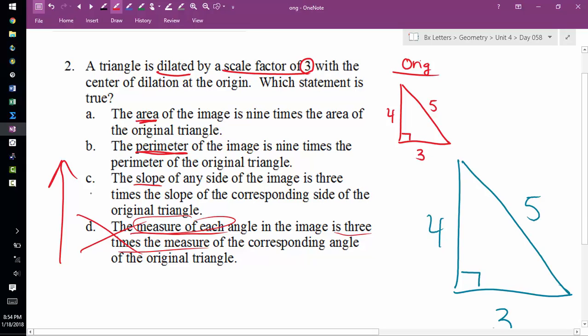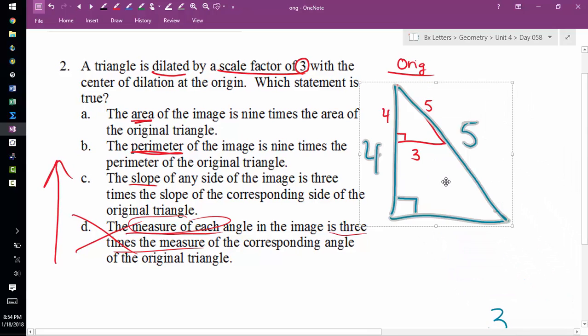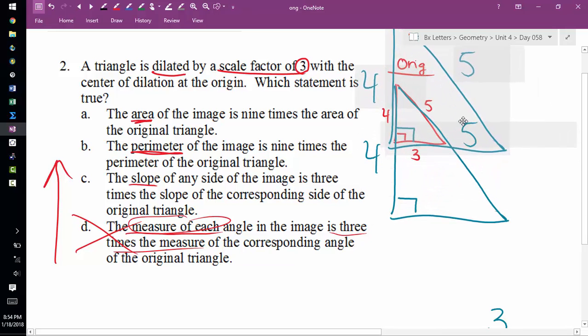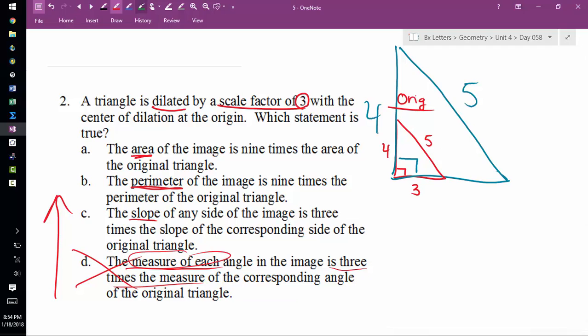And if we keep on going to C, it says the slope of any side in the image is 3 times the slope of the corresponding side in the original. And that's also not true, because another feature of dilated figures is that they're parallel. So if my original side, that hypotenuse here, and I'll color it in green, this hypotenuse, it's going to get dilated to be that new hypotenuse.